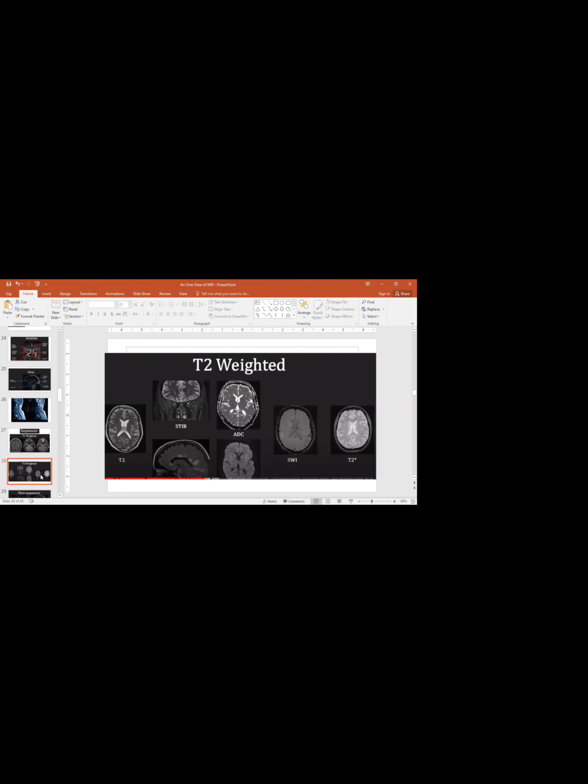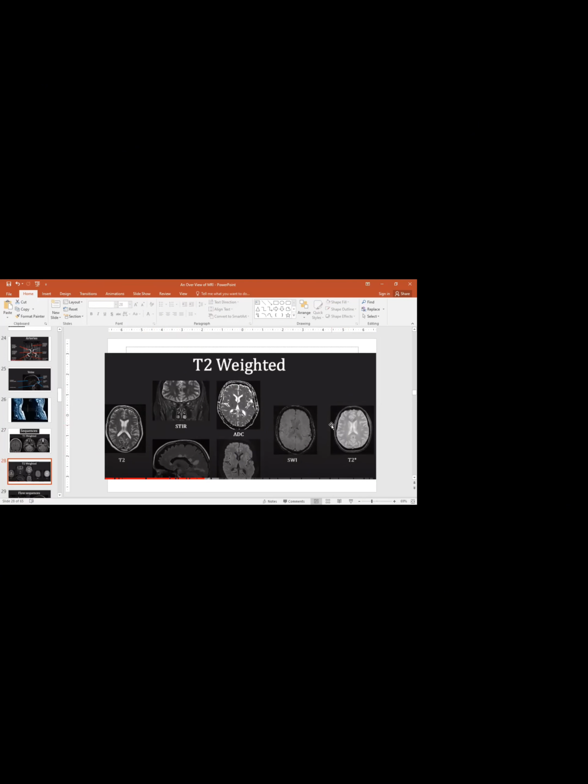Then the T2 weighted images have various further types, and further manipulation of sequences will yield many other sequences. We call them the stair. It's a part of T2 weighted image: the ADC, the DWI image, the SWI image, and T2 star image. So we manipulate our machine in such a way that we create multiple types of sequences.